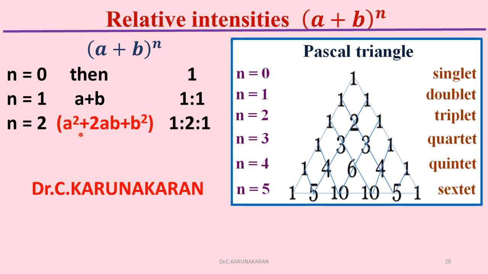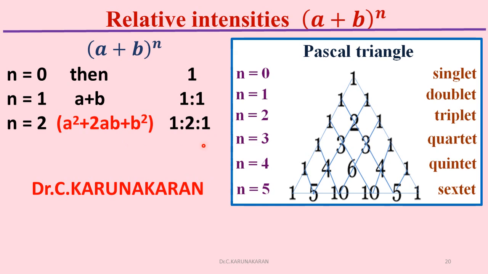For n equal to 2, the expression is a square plus 2ab plus b square. The coefficients of this equation are 1 is to 2 is to 1. Similarly, if you put n equal to 3, then a cube plus 3a square b plus 3b square a plus b cube.